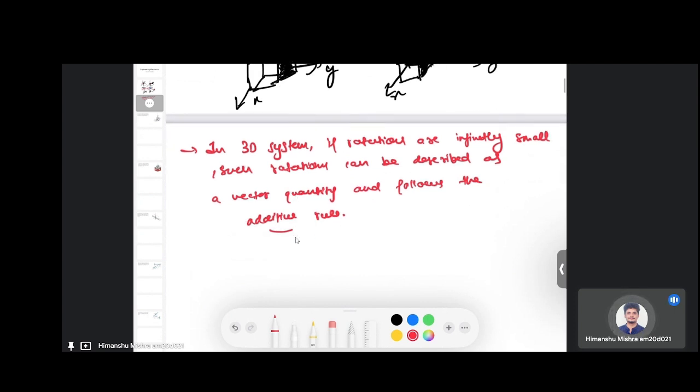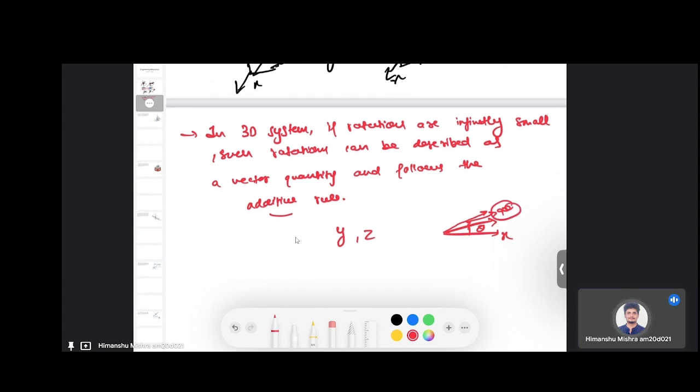If you define the rotation of any system as an infinitely small quantity, for example, let's say this is my theta, which I am measuring from a certain axis x. Now if I define the rotation of a very small quantity by d theta, and I define this small rotation in different axes, with respect to y and with respect to z, then I can actually define d theta as a vector.